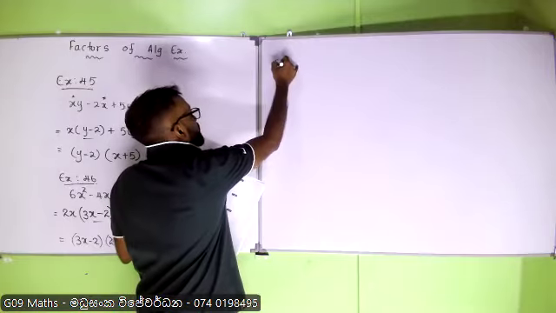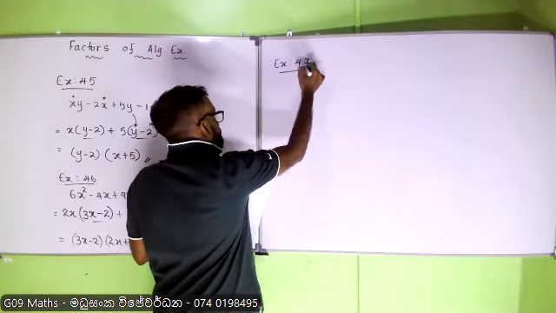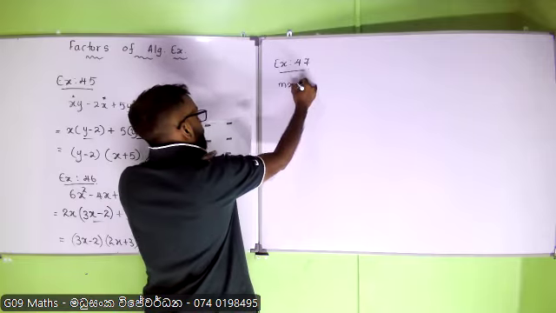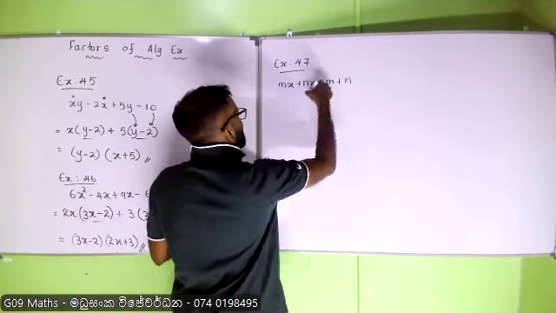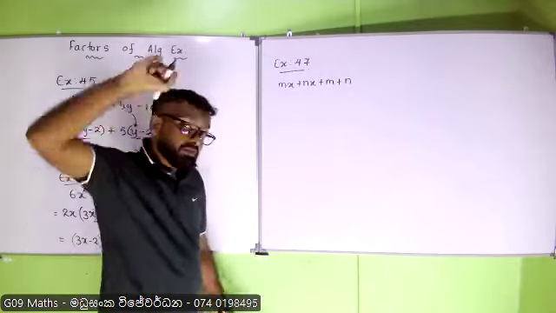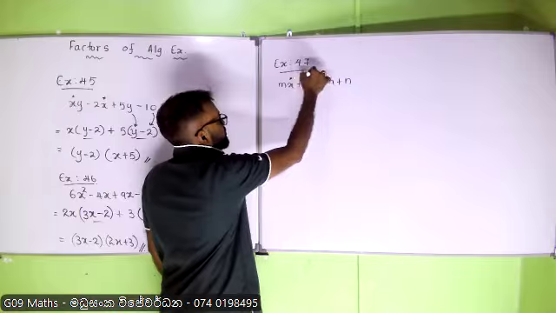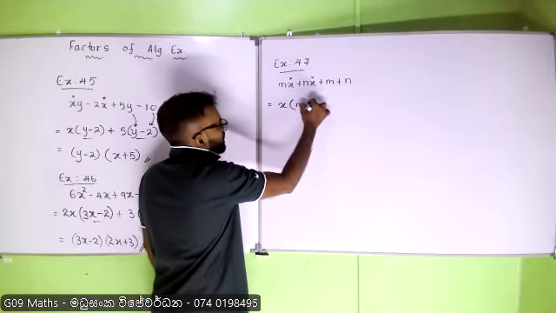Example number 47: mx plus nx plus m plus n. What is the previous one? By looking at this one and this one, x is common. Equal mark, take x out: m plus n.